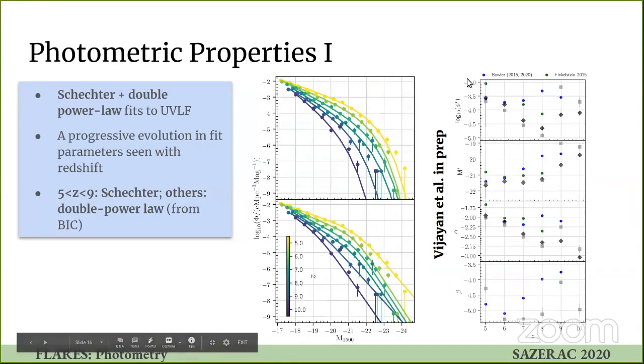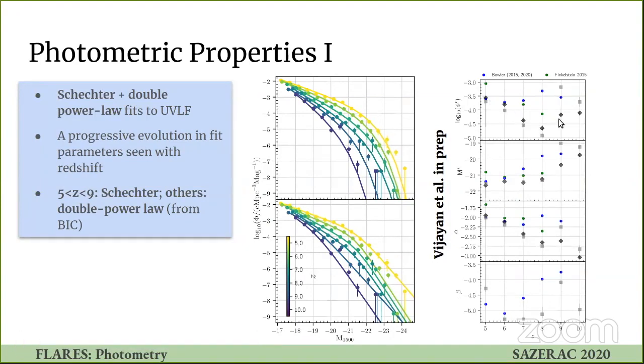So here's a plot that I made of the UV luminosity function. The darker points would be the Schechter, and the light gray would be the double power law. So does that answer the question?